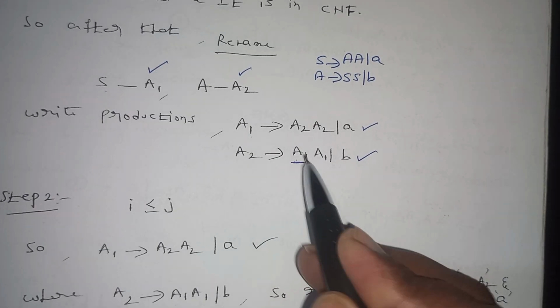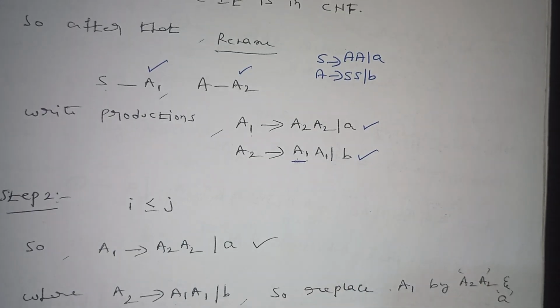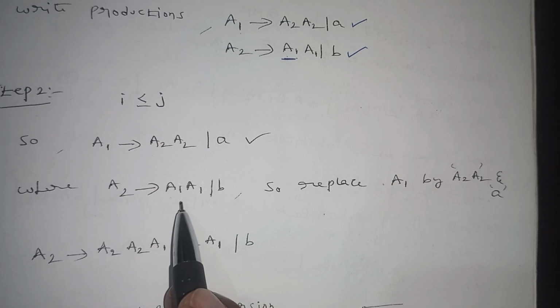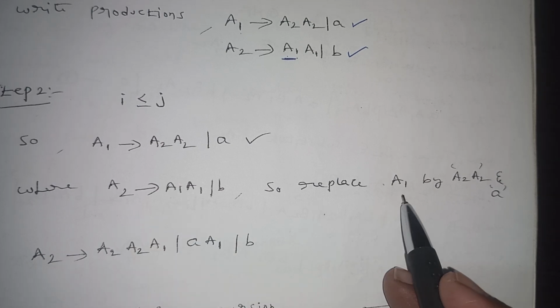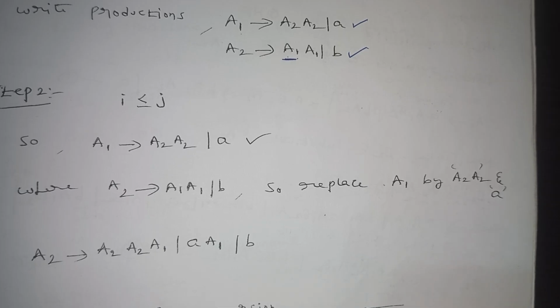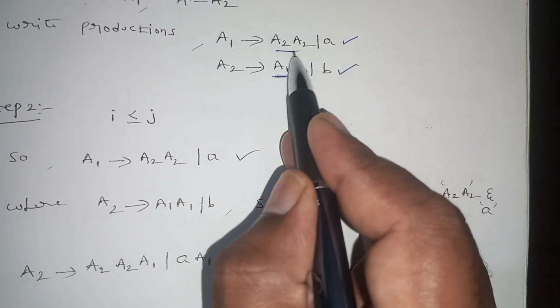In the place of A1 you write this entire rule. Then what will be the grammar? Where A2 tends to A1 A1 b, replace A1 by A2 A2 and a. So in the place of A1 I am writing A2 A2.